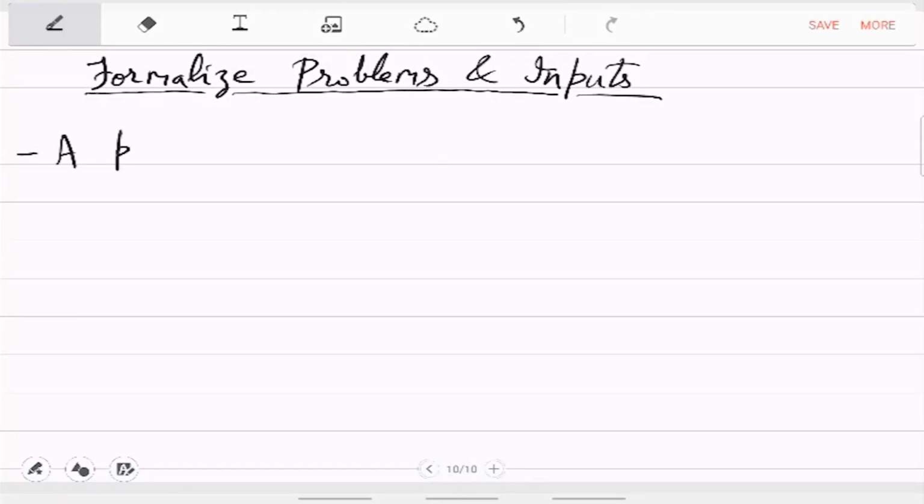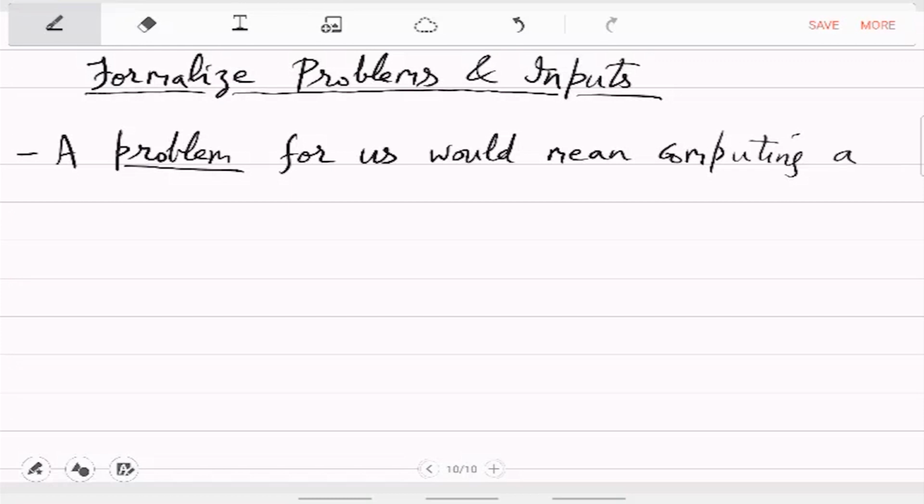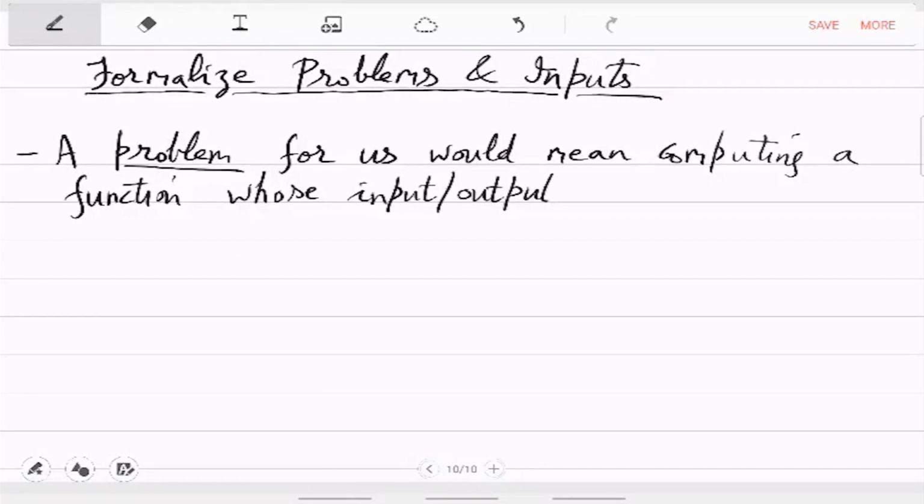A problem for us would always mean computing a function whose input and output are finite Boolean strings. This finiteness is the key thing here.